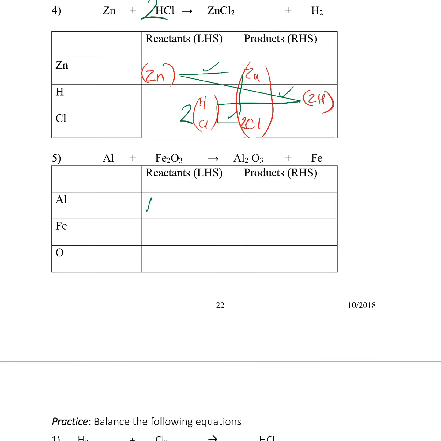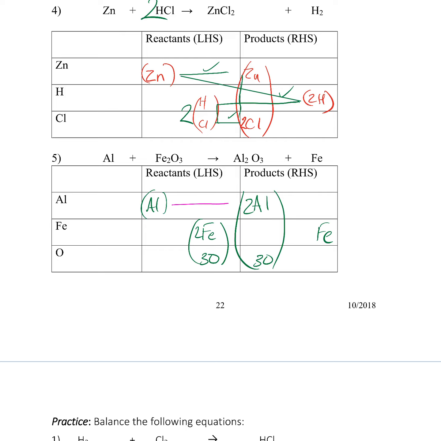Okay, an aluminum all by itself. An iron, 2 of them, and 3 oxygens. Okay, then we have an aluminum, 2 of them, and we have 3 oxygens. So far, looking interesting, and 1 iron. Okay.